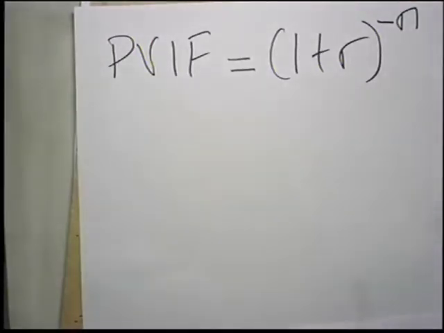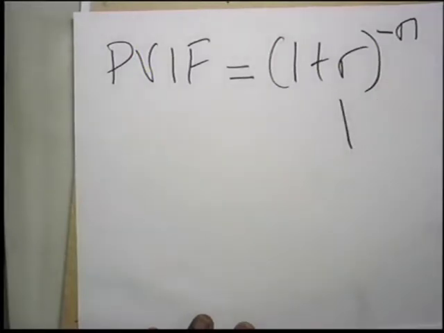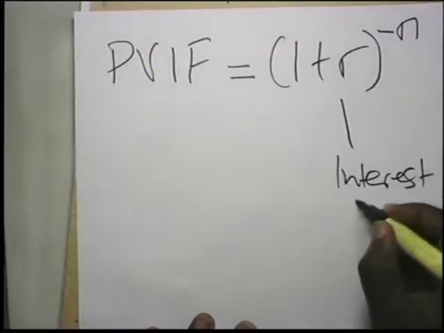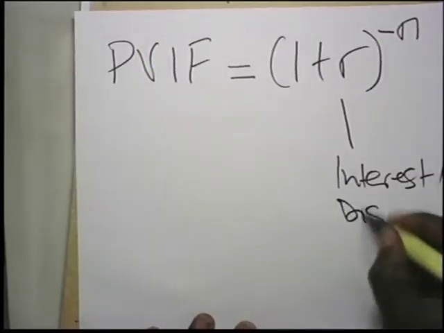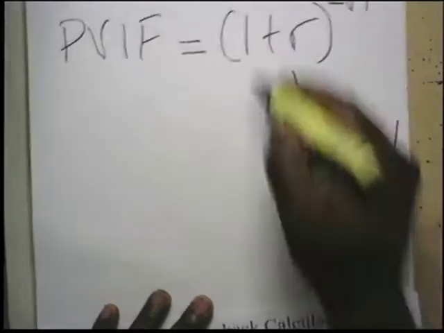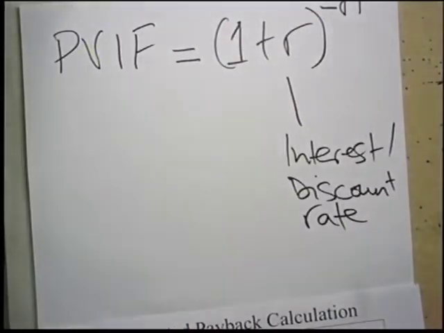Here r stands for the interest that we are using in the discount factor, in this case 7%. This is the interest rate or discount rate. And this one is just a 1. n is the period, in this case represented by a year. At the end of year 1, we put 1 there. If it is the end of year 4, our n will be 4. That's what it means.